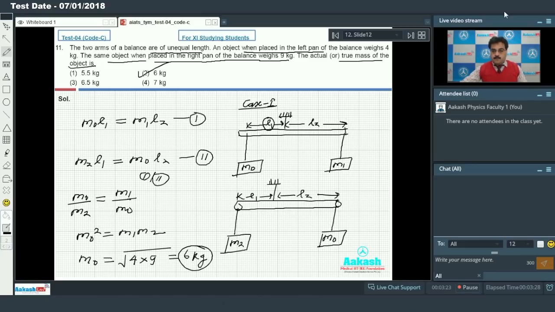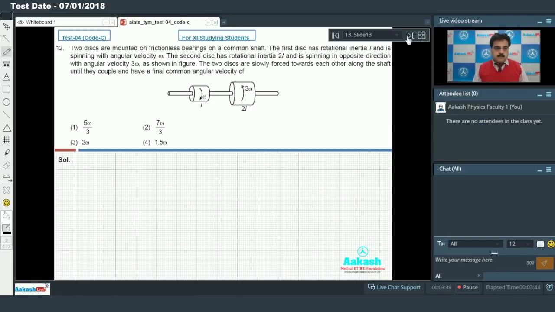So let's move on to question number 12. Two discs are mounted on frictionless bearings on a common shaft. The first disc has rotational inertia I and is spinning with angular velocity omega.